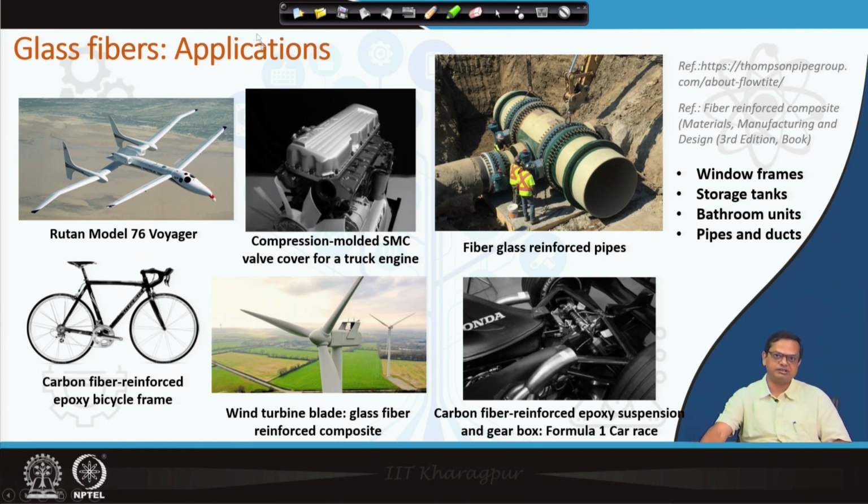So, all these applications you are seeing, this engine case, this storage pipe, this transportation pipe, these frames, the different components, again you can see the long structures of the windmill, different components. Ultimately most of them are made of plastics, and to improve strength these plastics are reinforced with glass, and they are called GRPs or glass reinforced plastics.